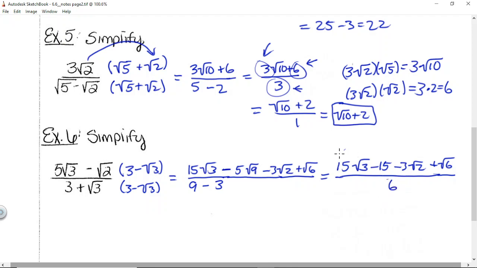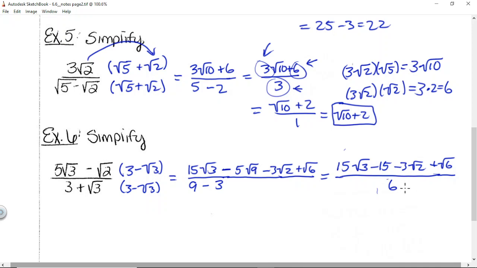3 goes into most of them, right? 3 goes into that, 3 goes into that, and that, and that. But 3 does not go into the square root of 6. Now there's a 3 inside the radical, but that doesn't help. We need something that divides evenly into the number that's outside the radical in order to reduce this.